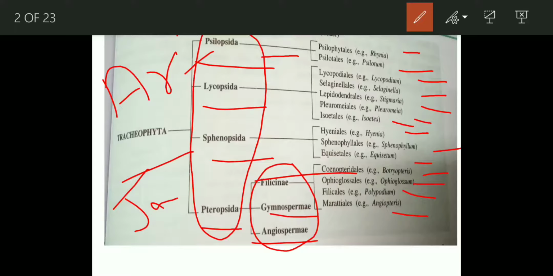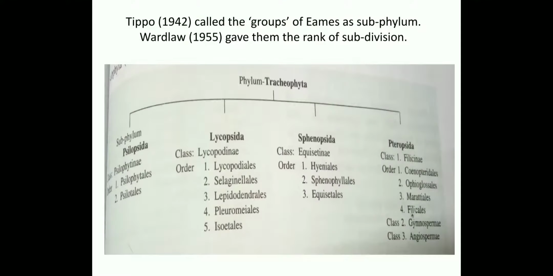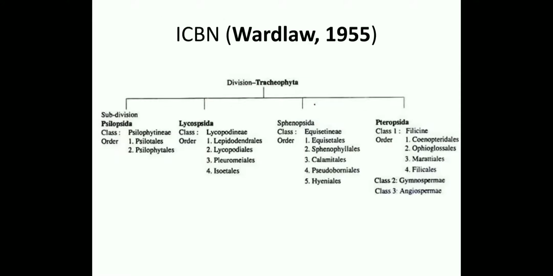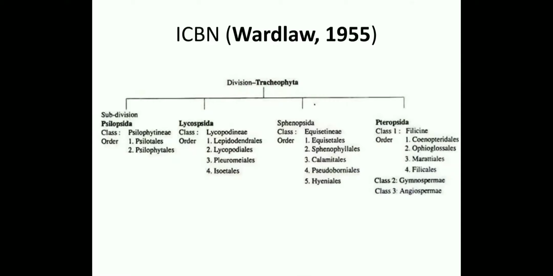Later on, another classification was given by Tippo. Since Eames used the term groups, Tippo used the term subphylum. So here the phylum was Tracheophyta, while we had subphyla Psilopsida, Lycopsida, Sphenopsida and Pteropsida, just similar to Arthur E. James.